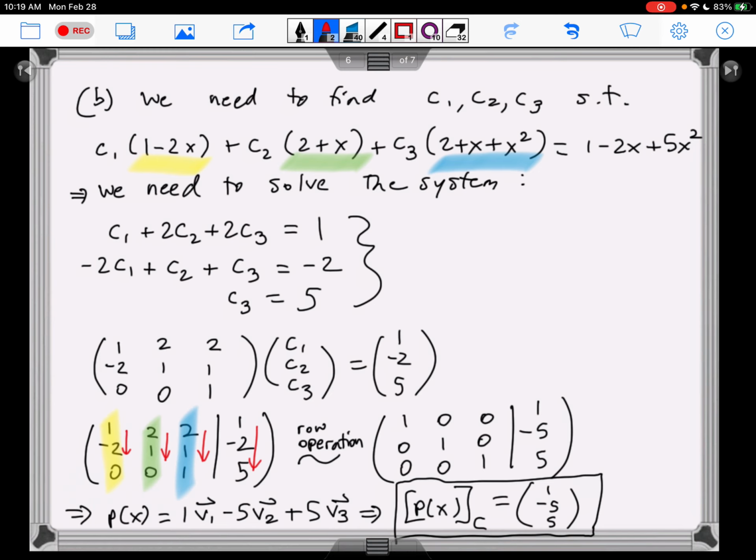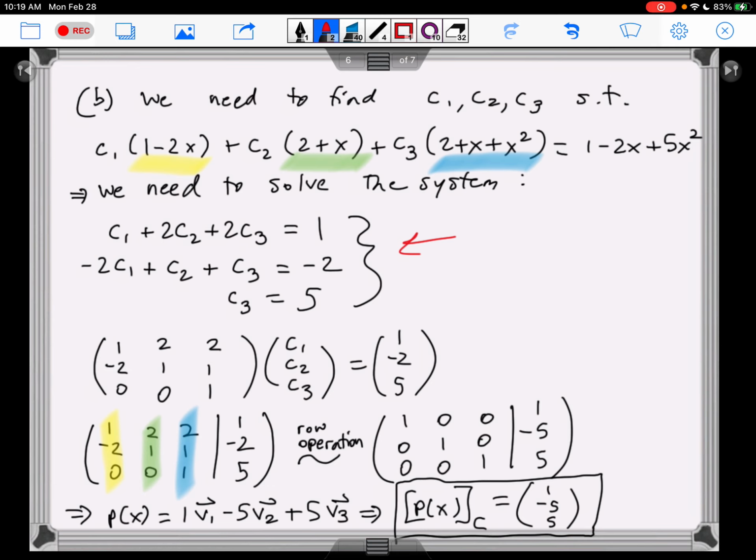As long as you're consistent, then you can just put them as column vectors, and then you can just solve it and get your correct answer. And that'll save you time, so you don't have to write out the whole system like this, okay? You don't have to write all that out if you know what you're doing and you make sure you put everything in the correct order.